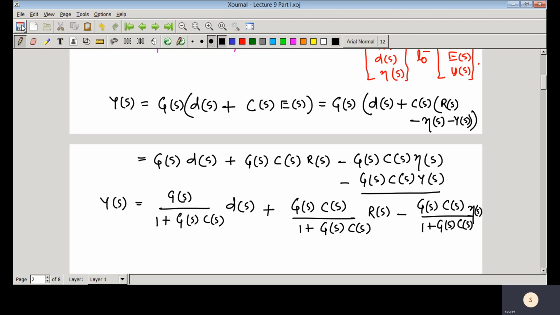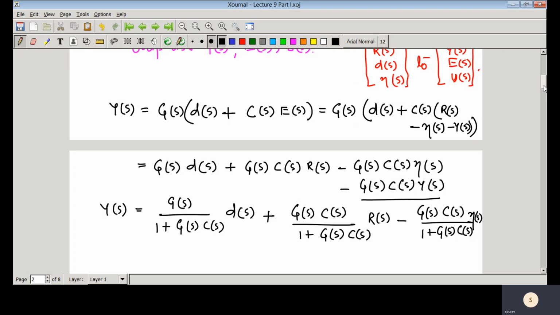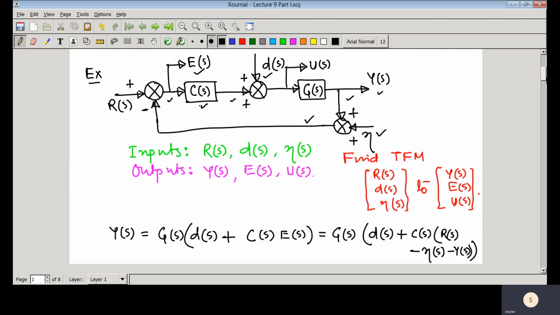You can also see these things without deriving those algebraic equations directly. This is Ys and this is Rs. What is the relationship? As we have discussed, this is the forward path, so GsCs is in the forward path, and this is the feedback path, its transfer function is 1, and you have negative feedback.